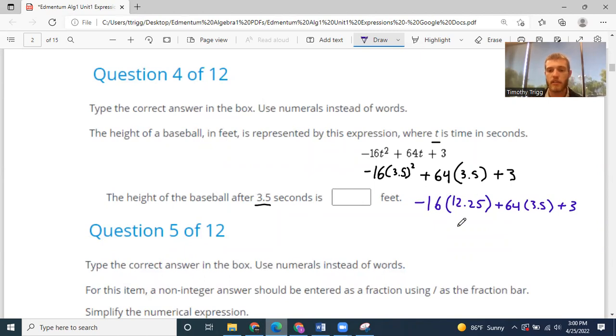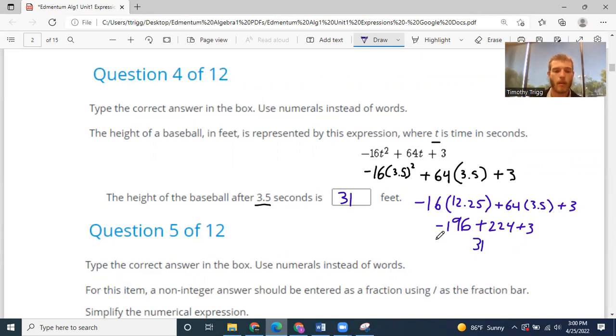A negative times positive is negative. So that's going to be negative 196, according to my calculator. 64 times 3.5 is 224. And then plus 3. Negative 196 plus 224 plus 3 gives us 31.